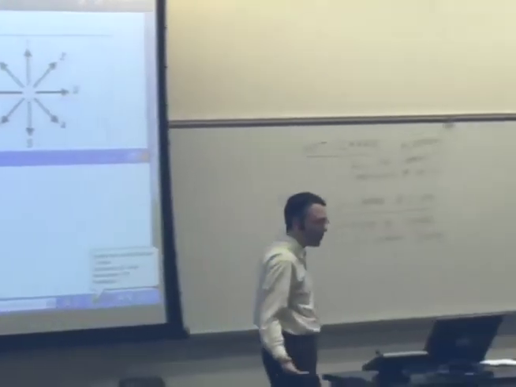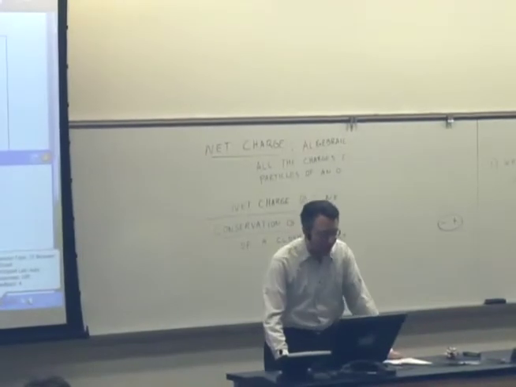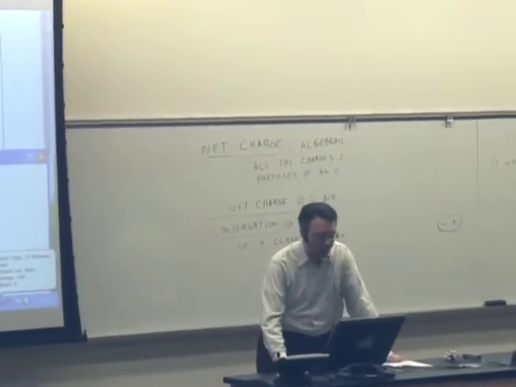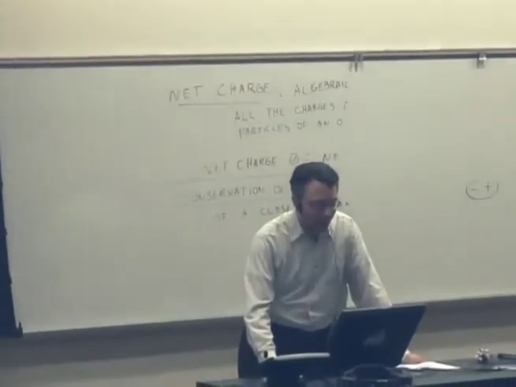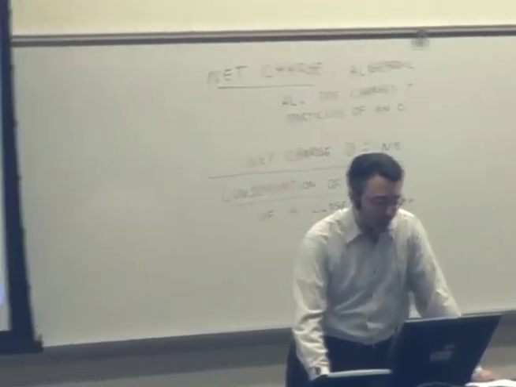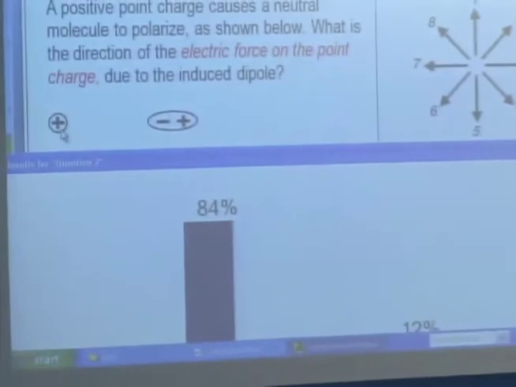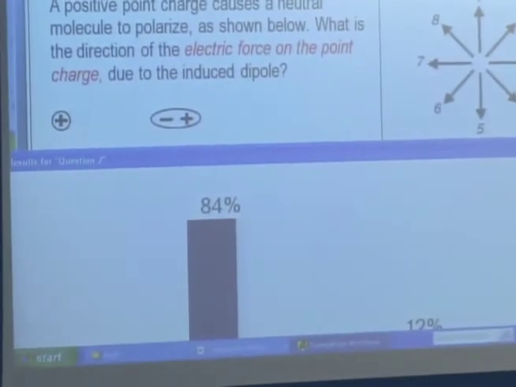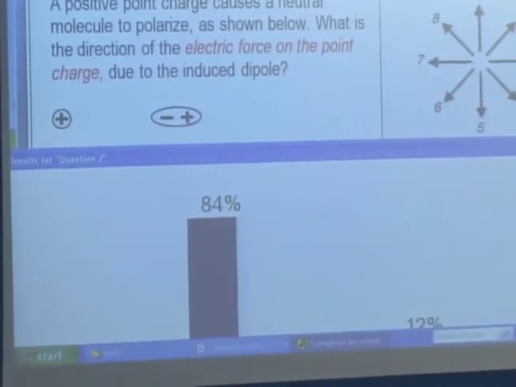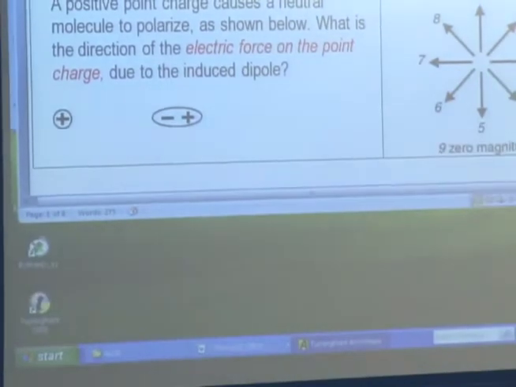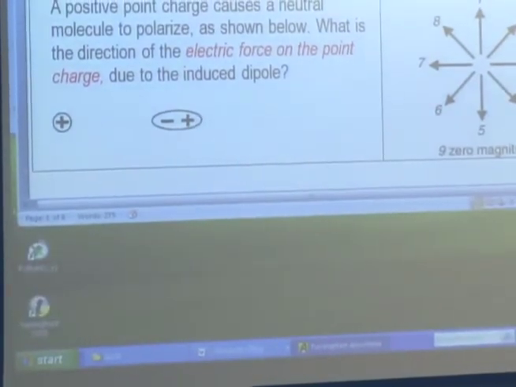So you get an attraction. This is just showing that a positive charge creates an induced dipole. The polarization is such that you get an attraction on the positive point charge.